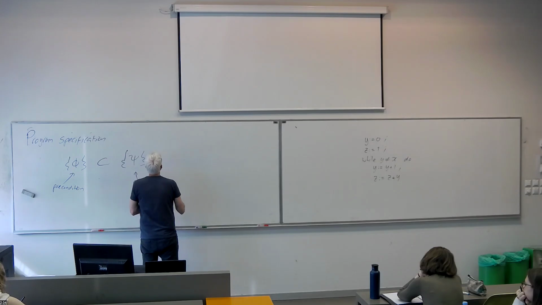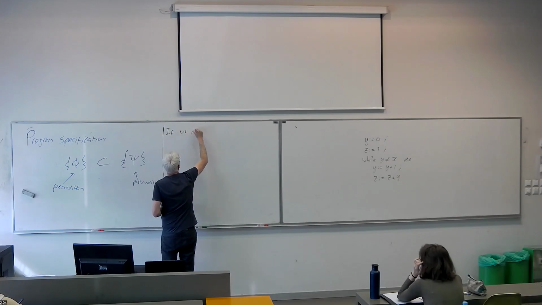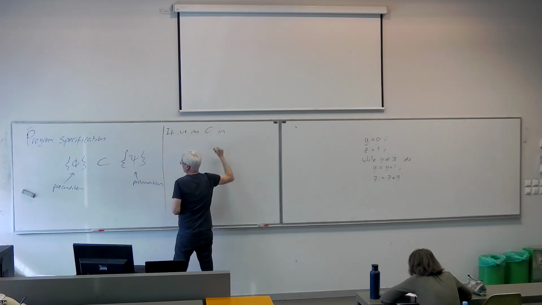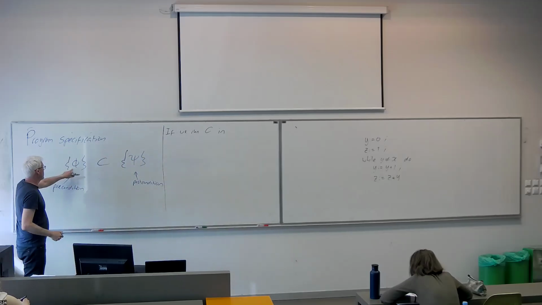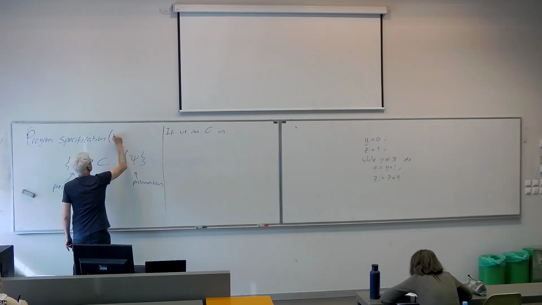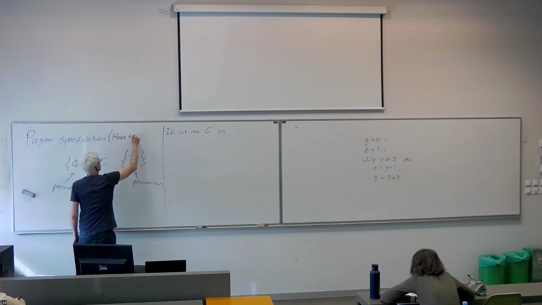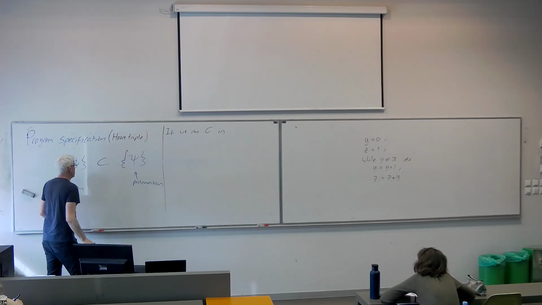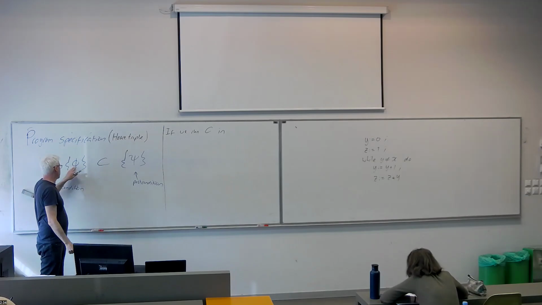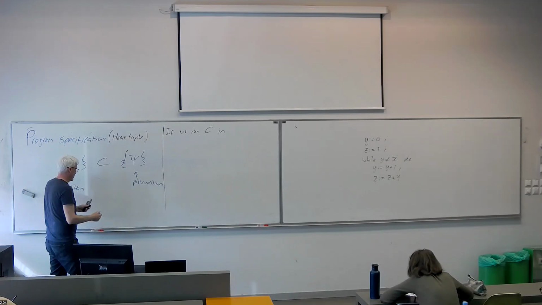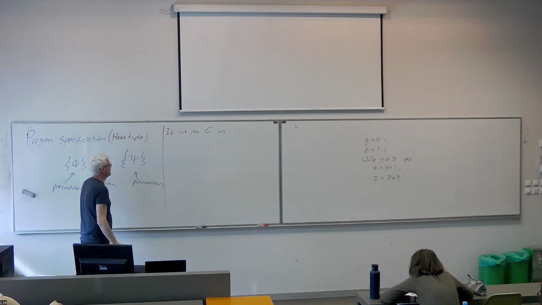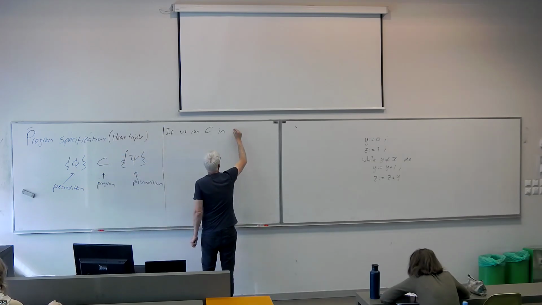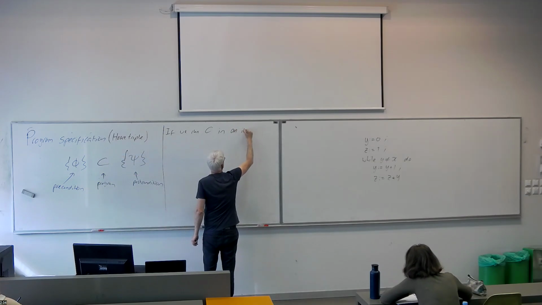So if we run C, this is the meaning of the Hoare triple. Such a thing is called a Hoare triple, because there are three components: the precondition, the program, and the postcondition.